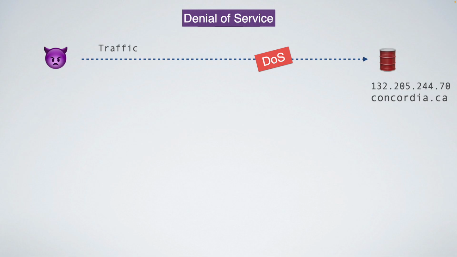If my bandwidth exceeds its incoming traffic, then I'll bring the site down. If it has more bandwidth than me, then I won't. It'll be annoying for the site to deal with, but they can deal with it. Now, the problem is that most targets probably have more bandwidth than individuals. So this kind of denial of service goes away as companies get more and more bandwidth.